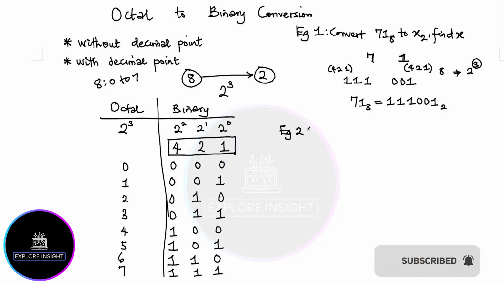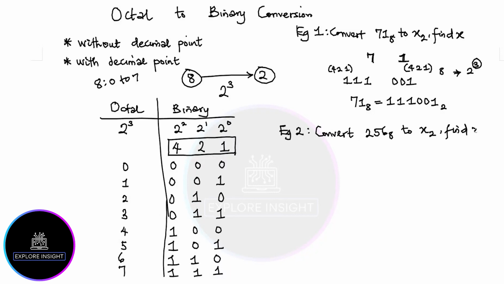Example 2. In our example 2, we want to convert 256 in base 8 to x in base 2. We are asked to find x. Now, I will just go ahead and split this out.